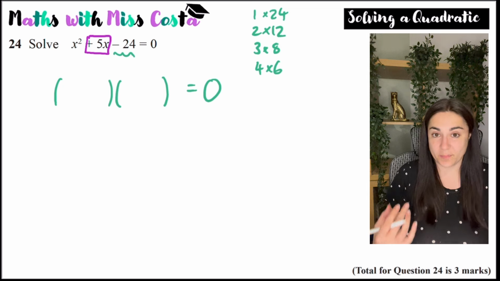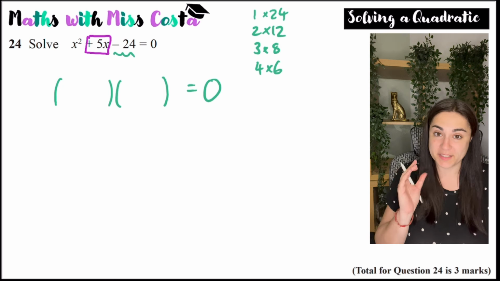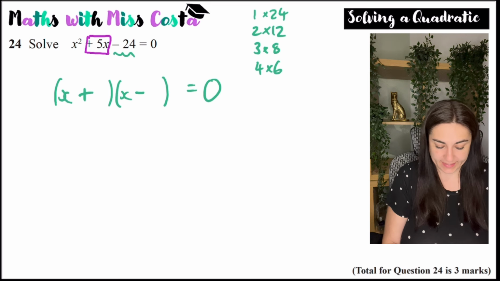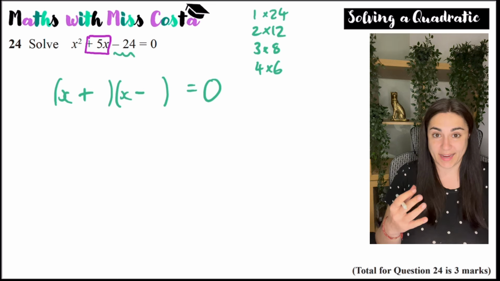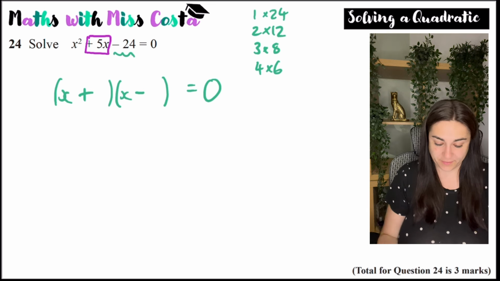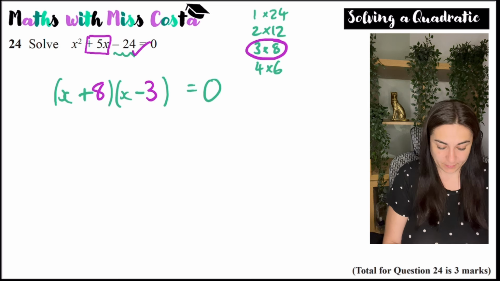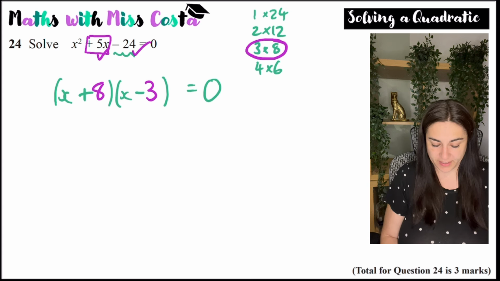Which of these combinations, and because they multiply to make -24, one has to be positive and one would have to be negative. So I could write x and x. And now which combination could allow me to get positive 5? So if I did 8, take away 3, 8 times -3 gives me -24, and 8 take 3 gives me 5. So that's how I'd factorise that.